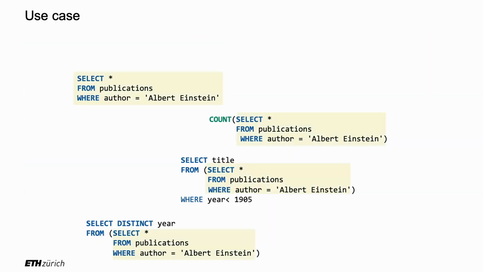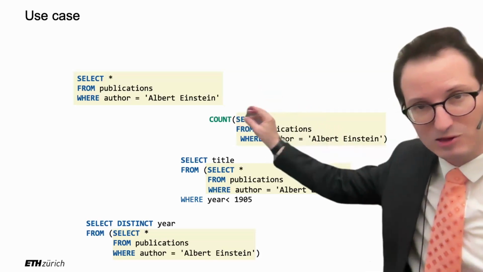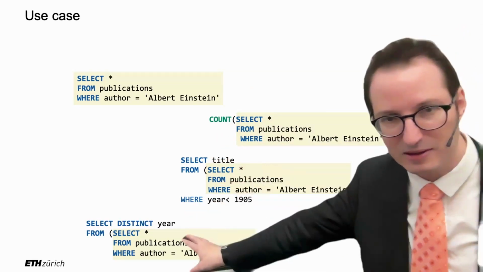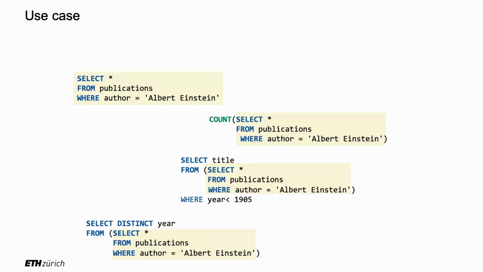So I gave you all of these queries, and we noticed that there's a lot of repetition because there is this query: select star from publications where author is Albert Einstein. It's all over the place by itself, but also appearing, as you remember, these are nested queries. It's nested inside something else, nested in here, and so on. So these are all nested queries.